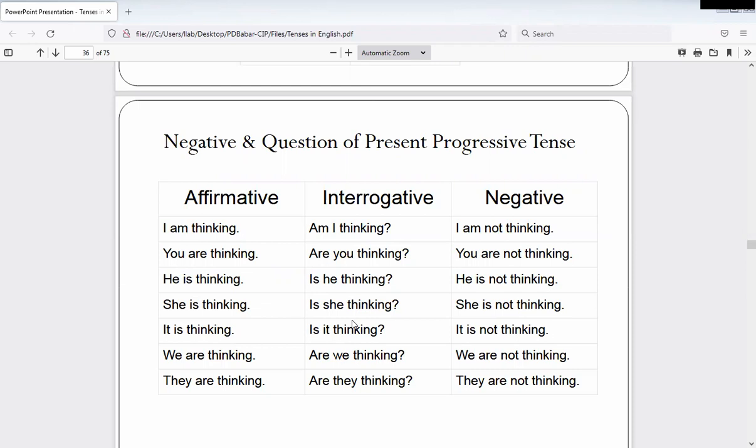These types of simple words you can take and you can practice with the different pronouns. Okay, so this will be good practice for you to take different types of words. Okay, so this is the chart.